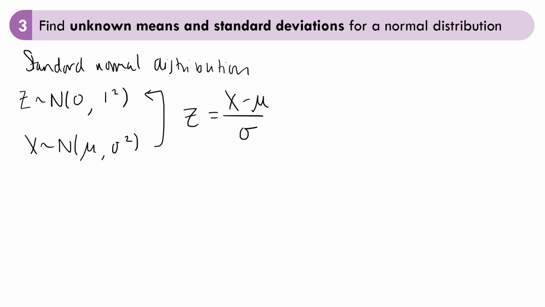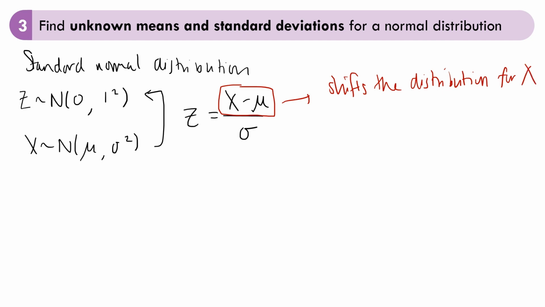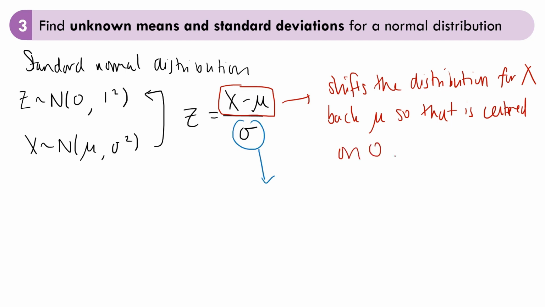What this essentially does is the x minus mu part on top shifts the entire distribution for x back by mu so that it is centered on 0, and by dividing by sigma, this essentially scales, pushes the distribution for x inwards.